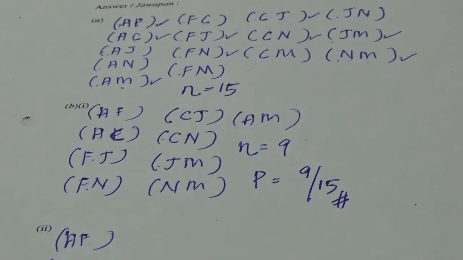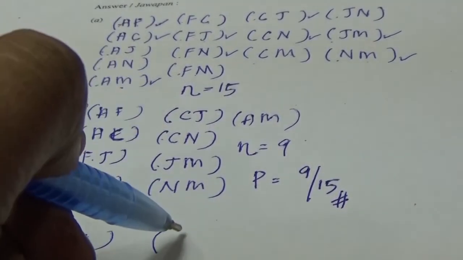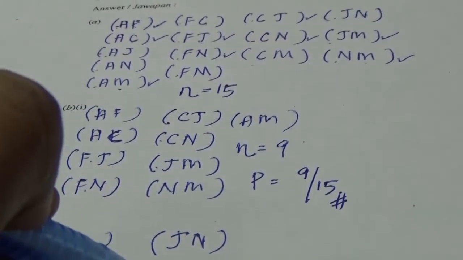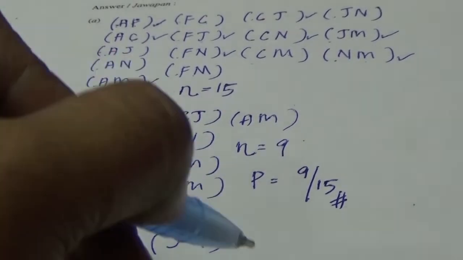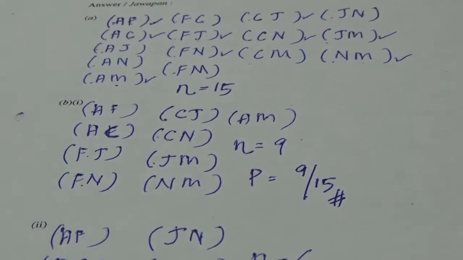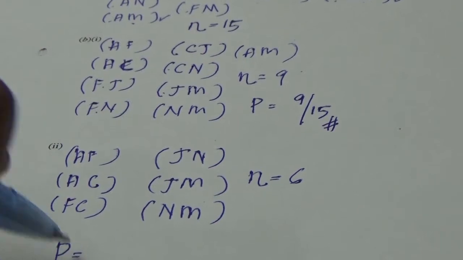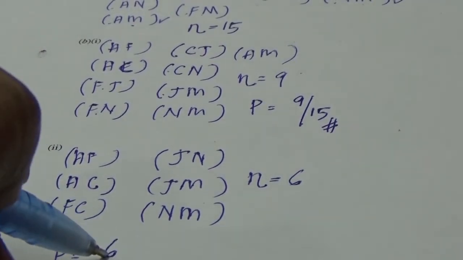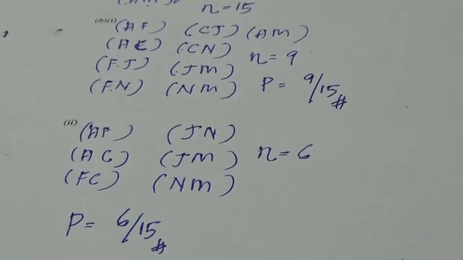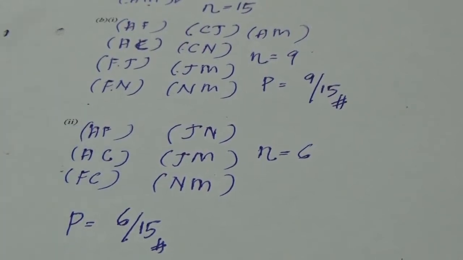So 3 possibilities from the Red Crescent. Similarly, for St. John's, we will have John and Nancy, John and Mary, as well as Nancy and Mary. So there are 6 possible outcomes. Therefore, the probability would be 6 out of 15. So you will have 4 marks for part B, 2 marks for each probability.